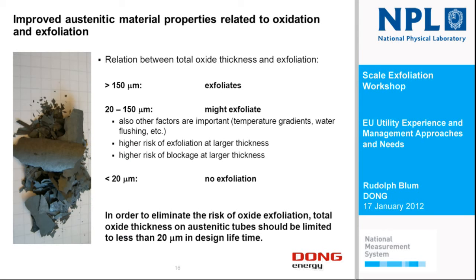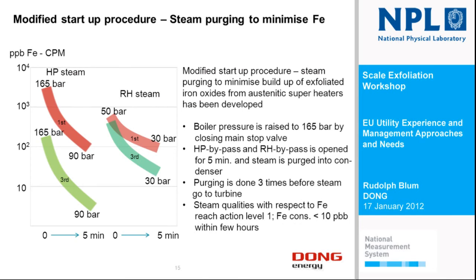Secondly, we were looking into improved materials, and if we want to do something better, we should look into this scheme. If you want to get rid of this problem or live with it, you should choose a material which makes less exfoliable oxide. If you take the normal 17 chromium or 16 chromium material, you will have a heavy build-up of oxide, and a rather thick top layer which will exfoliate.